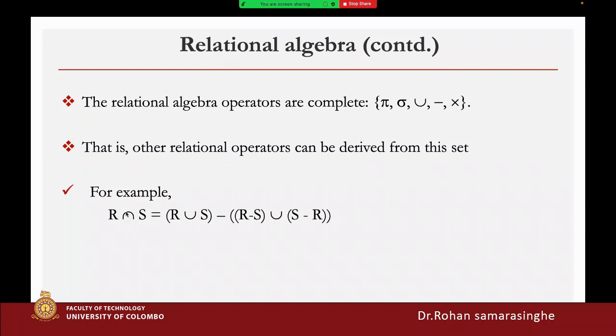From here, we can derive this one from the set: R intersect S equals R union S minus, within brackets, R minus S union S minus R. Actually, we can prove this using set theory.